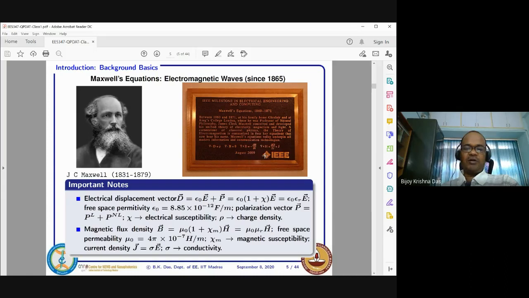You can learn all these things from your textbook, but here I will present the important aspects. This electric displacement vector D is epsilon 0 times the electric field vector plus polarization.